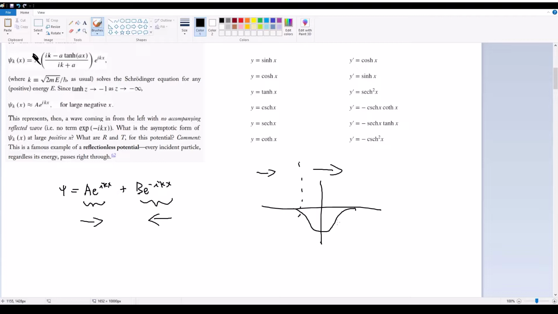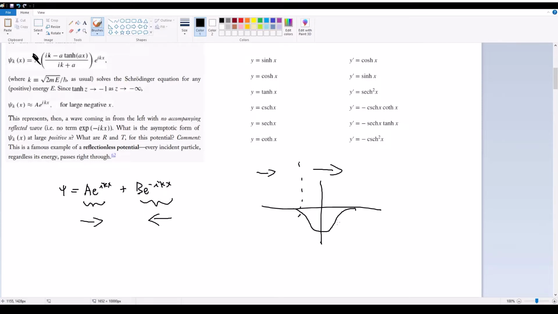Now, the probability, and therefore the magnitude, of the wave functions corresponding to reflection and transmission may be different. They might be bigger or smaller depending on what type of potential you have, what type of energy you have for your particle. But overall, there should always be a B e^(-ikx) term to represent reflected motion. The fact that there isn't one here is very unusual.